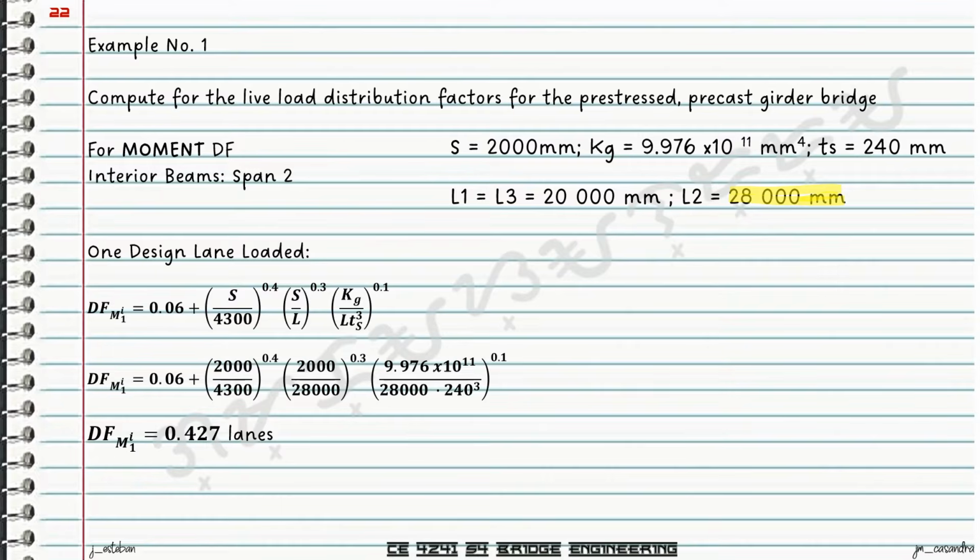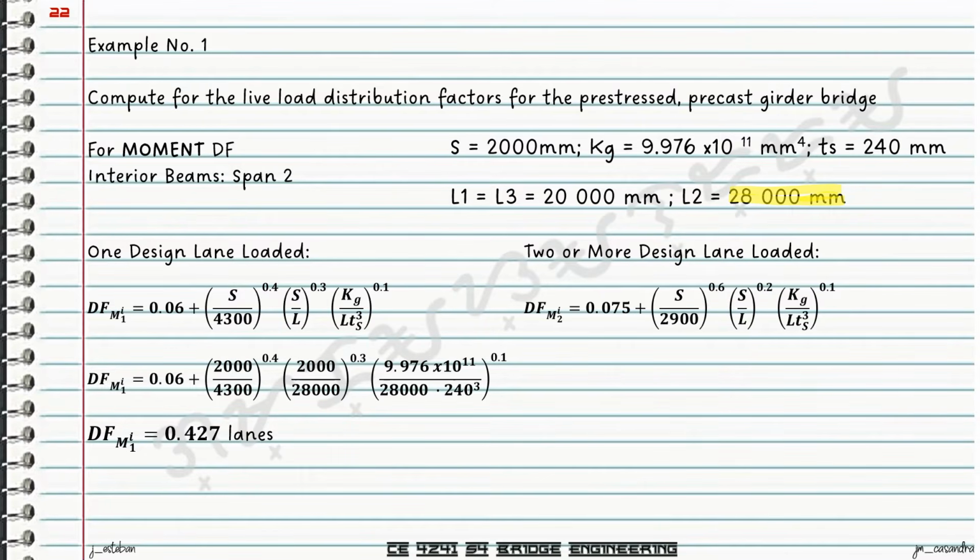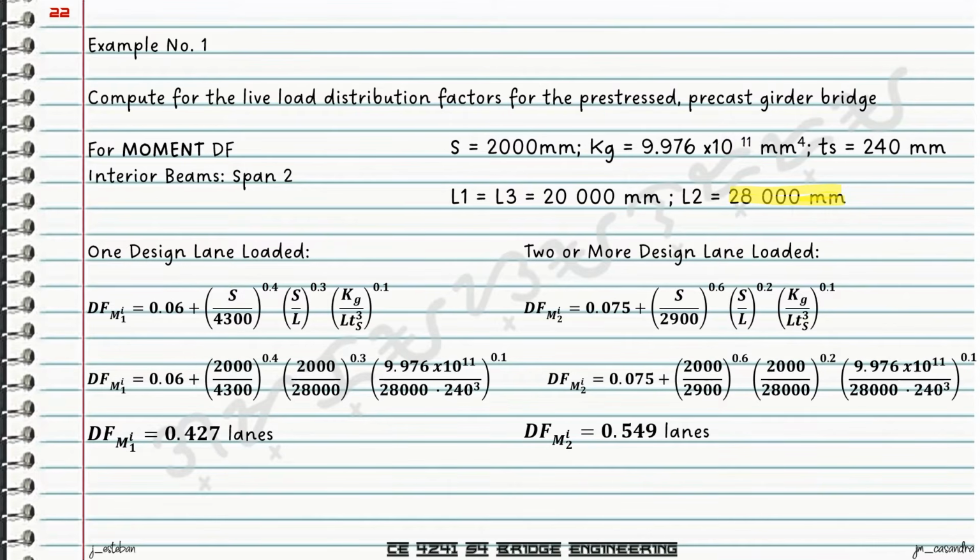And then next, we compute the distribution factor if our bridge is two or more lanes loaded. So using again the equation from the table, we just substitute the values of S, Kg, T sub S, and L sub 2 in the equation. We'll arrive at the value for the distribution factor for span 2 for the moment for interior, two lanes loaded, which is 0.549 lanes.